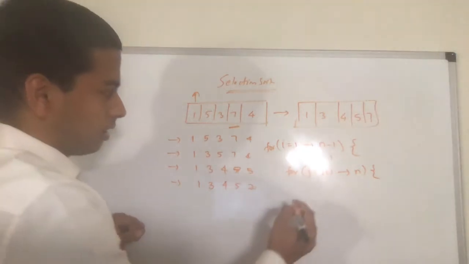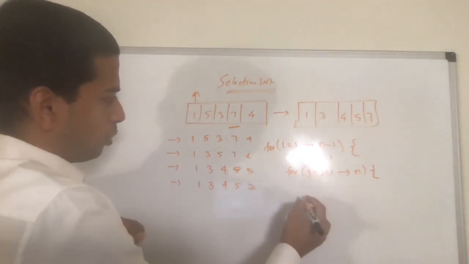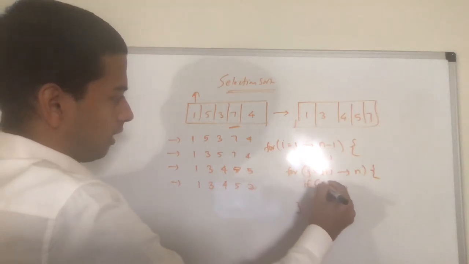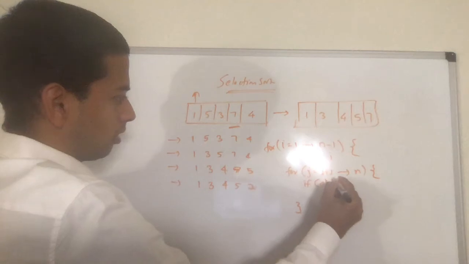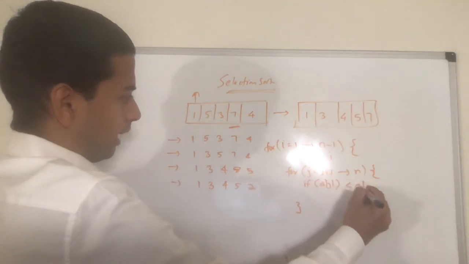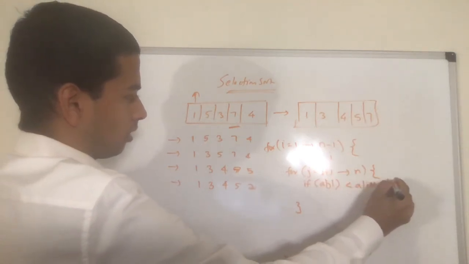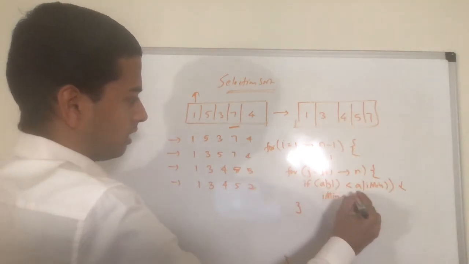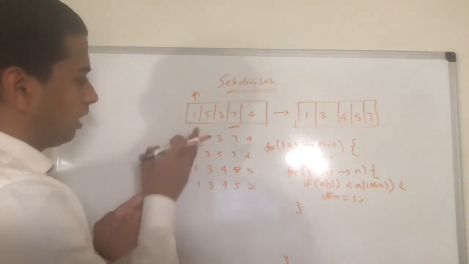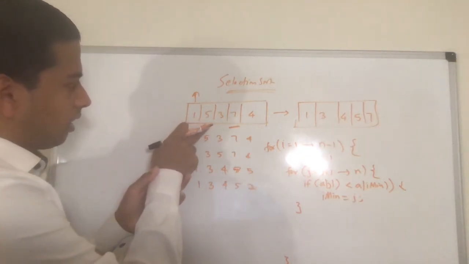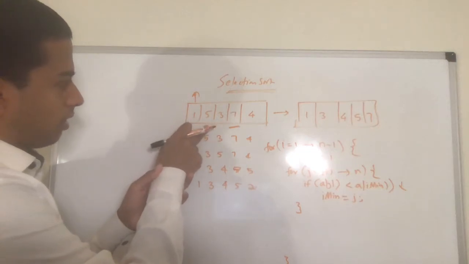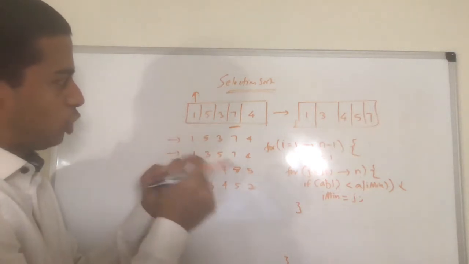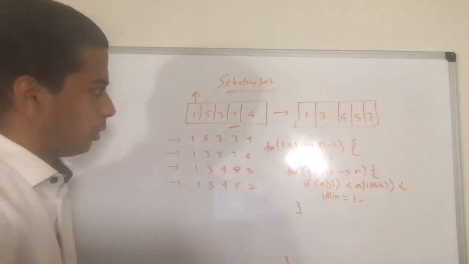Initially, if a of j is less than a of I min, then update my I min index to j. So basically, let's say 1 is less than 5, is 5 less than 1? I'm comparing for each element, and then I'm making the new min the newly found lesser value.